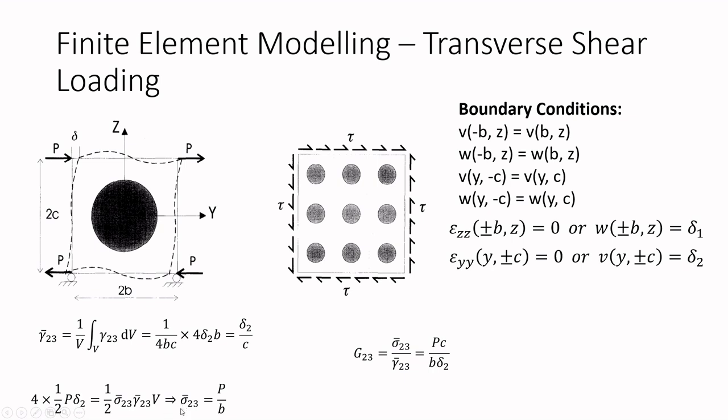This will give us the stress sigma 23 component equal to P by B. Once we know gamma 23 and sigma 23, we can compute G23 as PC by B delta 2.